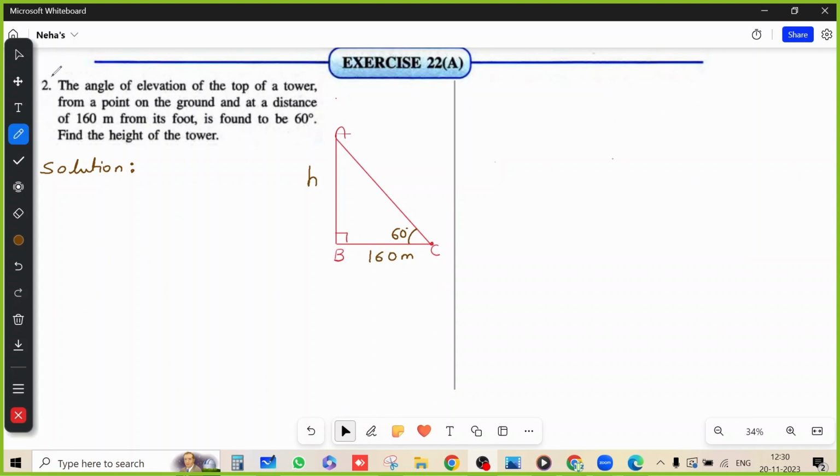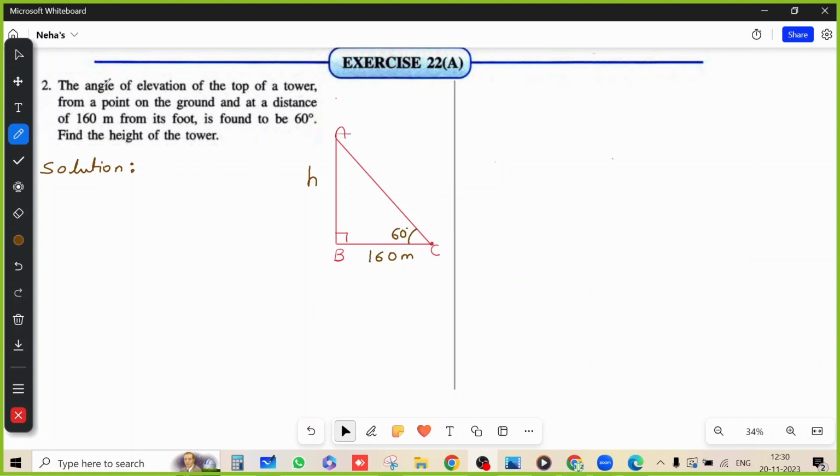Question 2 is, the angle of elevation of the top of a tower from a point on the ground and at a distance of 160 meter from its foot is found to be 60 degrees. Find the height of the tower. So let us consider that AB is a tower, B is the foot of the tower, C is a point on the ground, and the distance between the foot of the tower and the point on the ground is given as 160 meters.